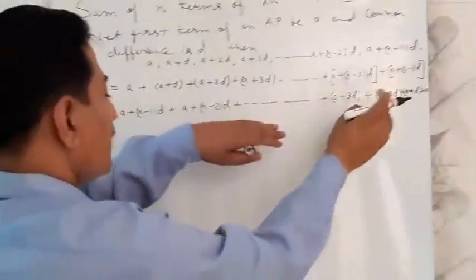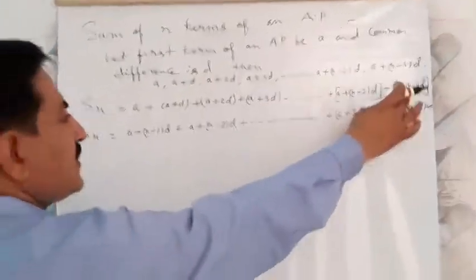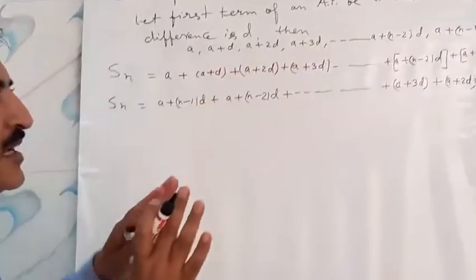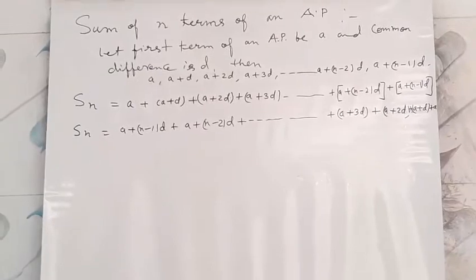That was in ascending order, this is in descending order. The last term becomes the first term, but the series is the same. There is no change in the series.